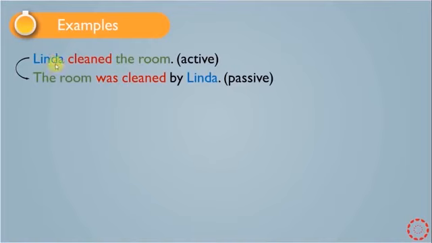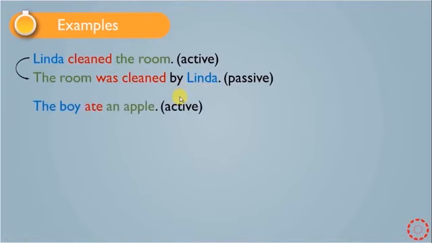We write the room, the object, at the beginning, and then because the room is singular, we write was, and then we write the past participle of the verb, which is cleaned. It remains the same because it's regular. Just take ed, and then you can mention the subject like that. You can say by Linda. This is the passive voice.